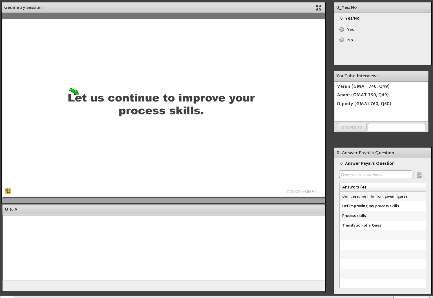Okay, good translation of a question, definitely improving my process skills. All right, don't assume information from the figures. Okay, so let's now, importance of not making assumptions based on the picture. Good.